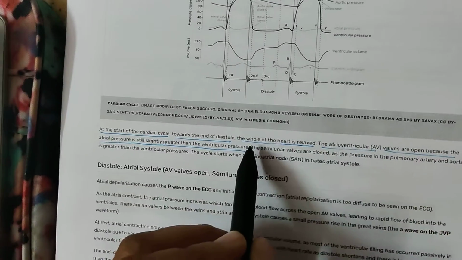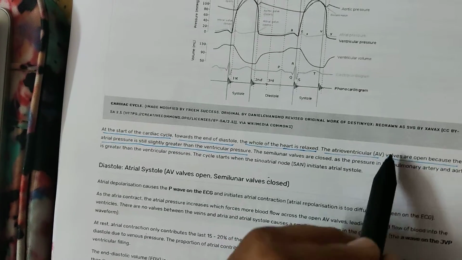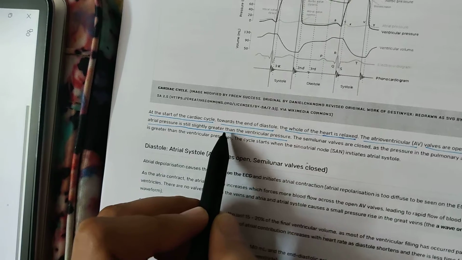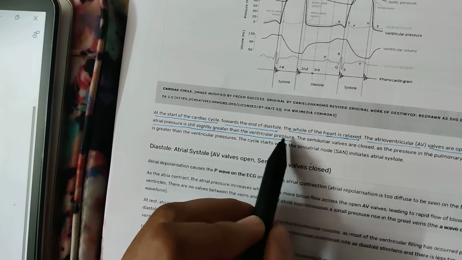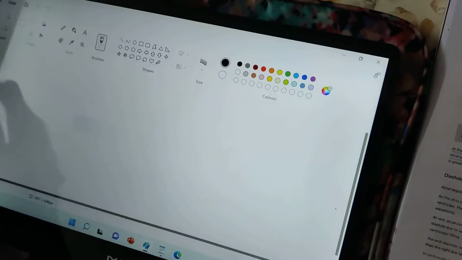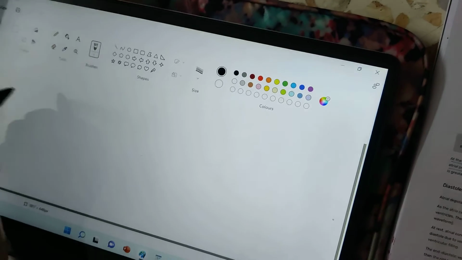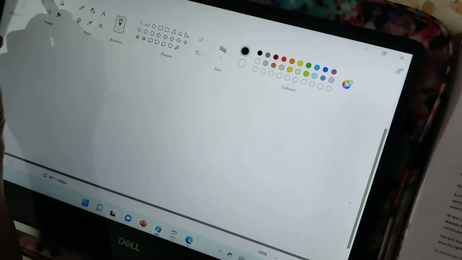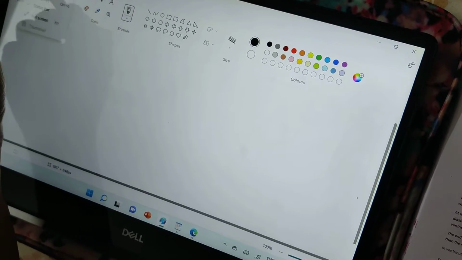What happened? The whole of the heart is relaxed. The atrioventricular valves are open because the atrial pressure is still slightly greater than the ventricular pressure.